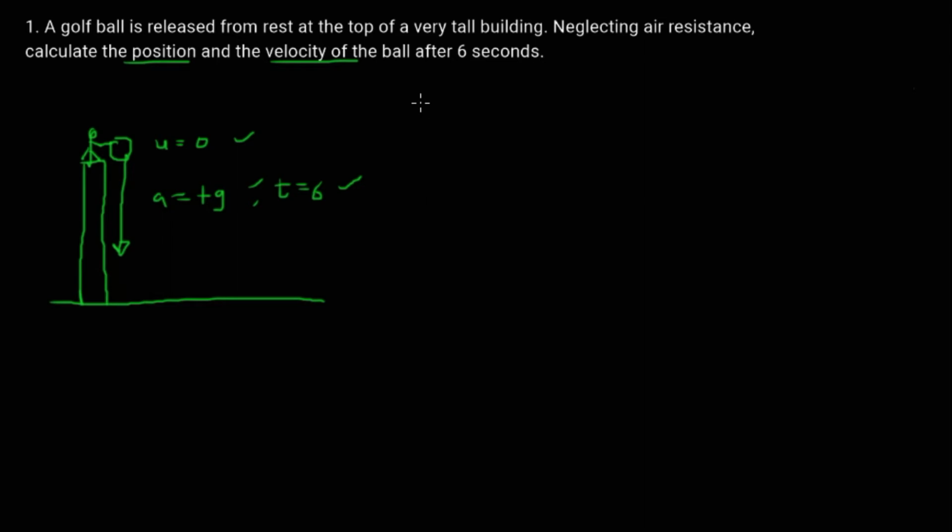Now how do we find the position? We may use the equation v squared equals u squared plus 2gs, but since we don't know the final velocity, we may not be able to use that. But we may use s equals ut plus half gt squared. We know the value of t and we know g, so we may find the position.